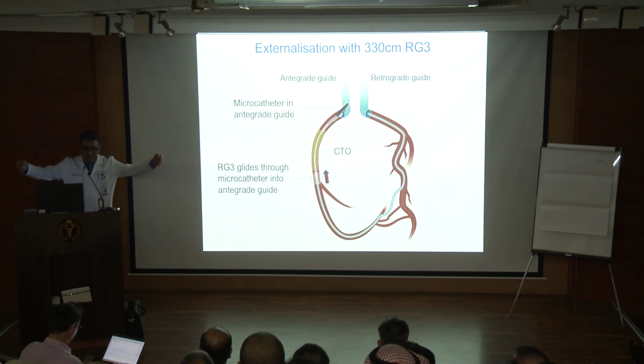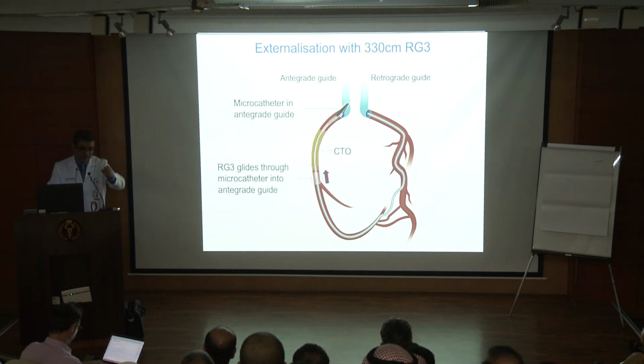Once you have the two wires, you have extreme good support, and you think, well, I'm just going to push. Don't push, because sometimes, as we showed yesterday, the stent would hit the other stent and deform it, and you'll end up in a disastrous situation. So use the guide extension. Don't be aggressive when you have an externalization wire.